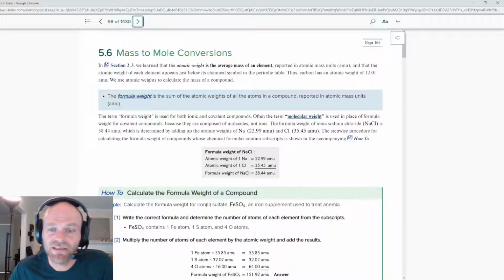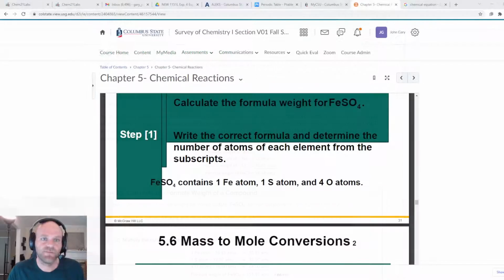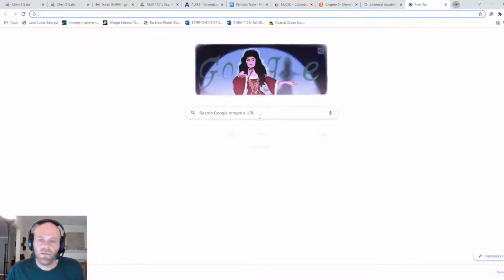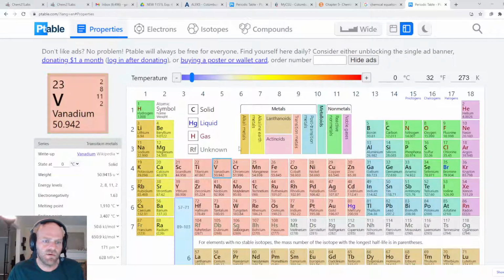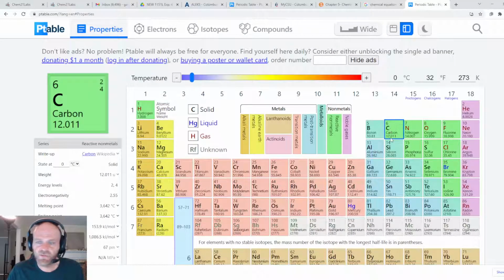And what that means is there are, let me pull up a periodic table real quick. Periodic table. Let's start with carbon because I think your book starts with carbon. 12.011. So that means there are 12.01 AMUs.